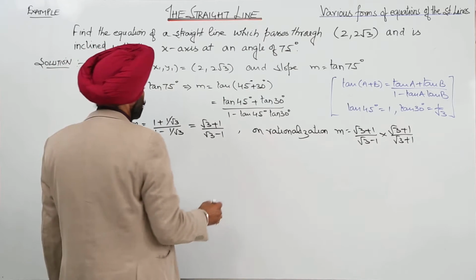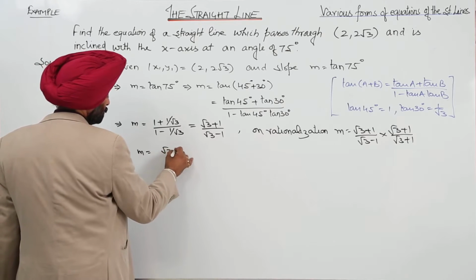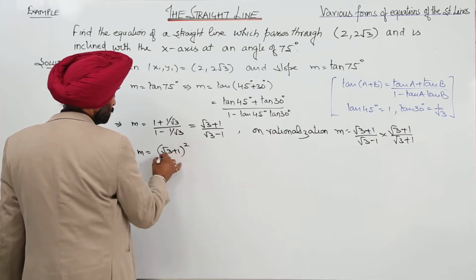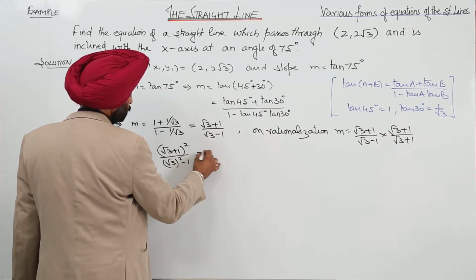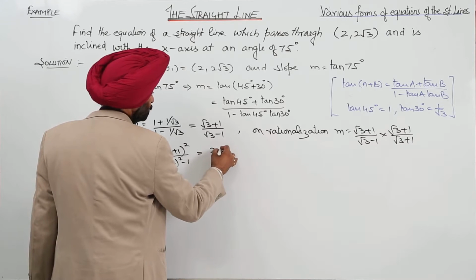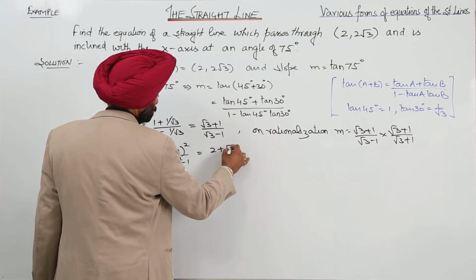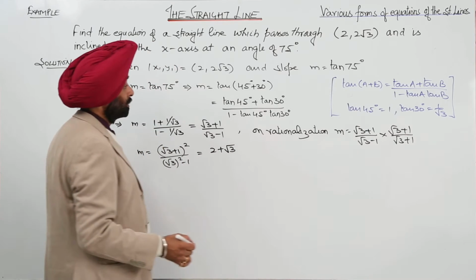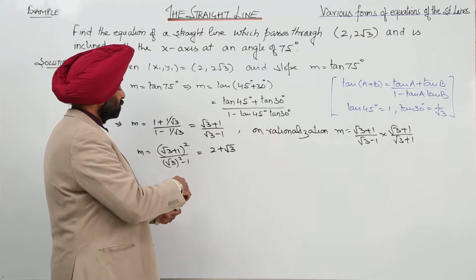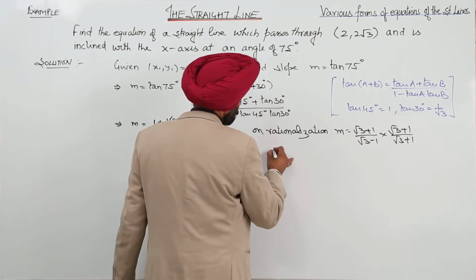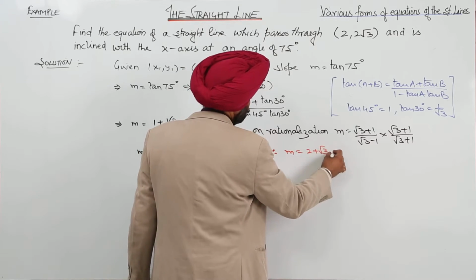So m is equal to (√3 plus 1) whole square upon square of √3 minus square of 1. Now on solving this becomes 2 plus √3. Is it clear? So we are having slope as 2 plus √3. Therefore m is equal to 2 plus √3.